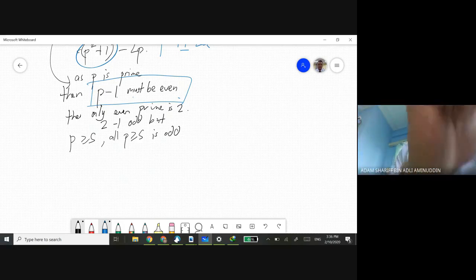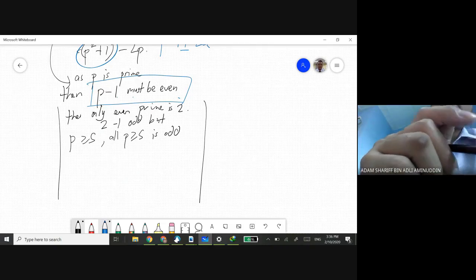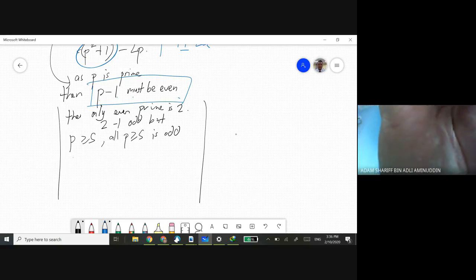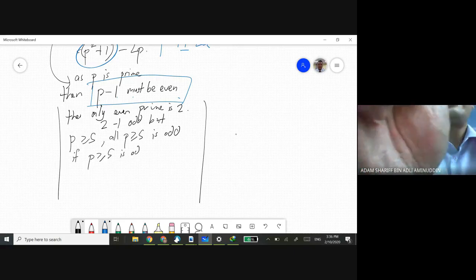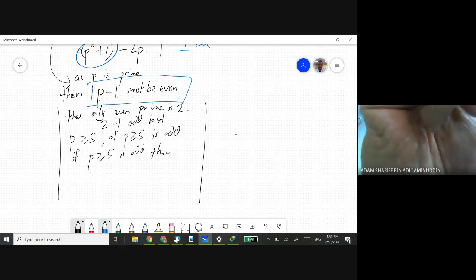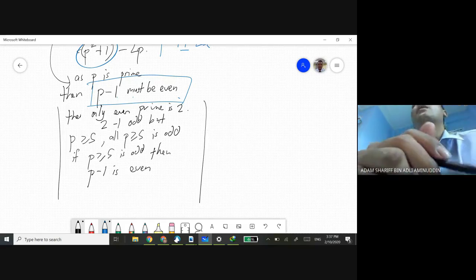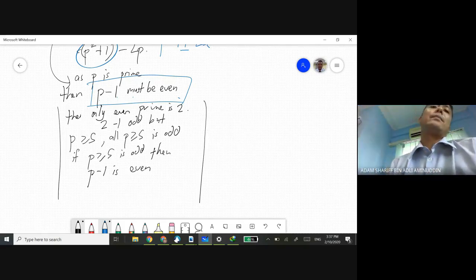Correct? I tahu you tak boleh jawab. Think with me, yeah. Okay. If p larger than 5 is odd, then p minus 1 is even, because odd plus minus 1 is even.